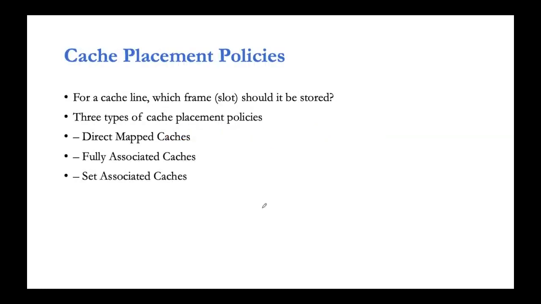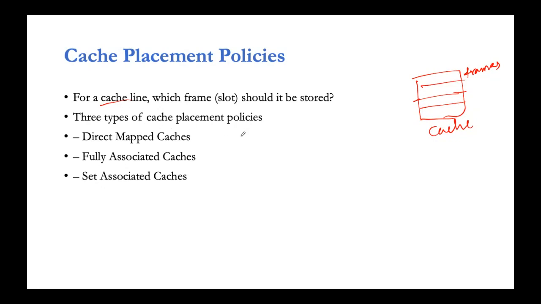In cache placement policies, for a cache line, which frame slot in your cache should the cache line be stored in? We know that the cache is made up of frames.